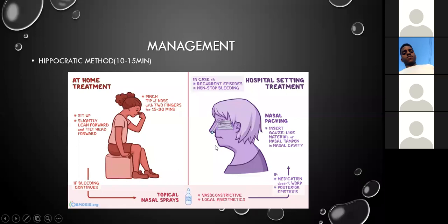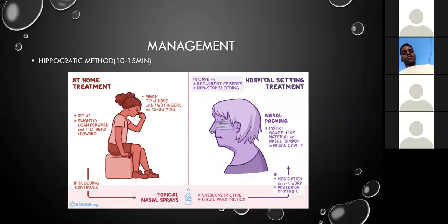We shall be able to demonstrate when you actually come around to the clinic for the tutorials. So how you do the nasal packing, anterior nasal packing mostly, because this would be the next step. If the nose pinching is not working, then this would be the next step to actually try and apply pressure to the bleeding point so that you stop the bleeding.